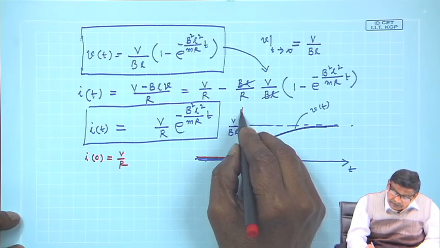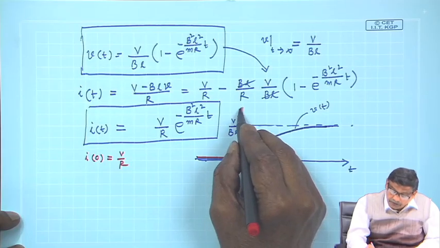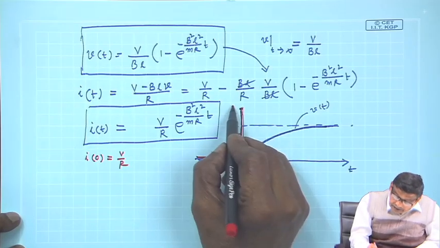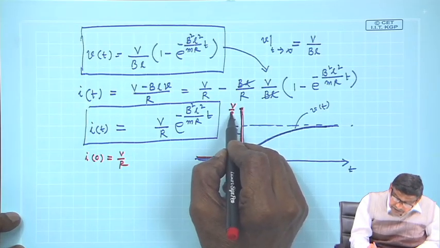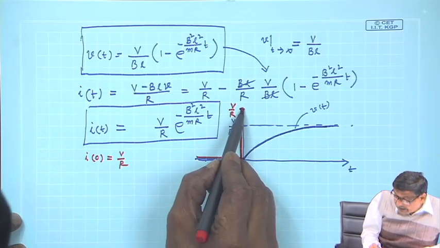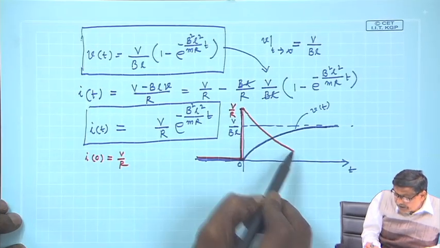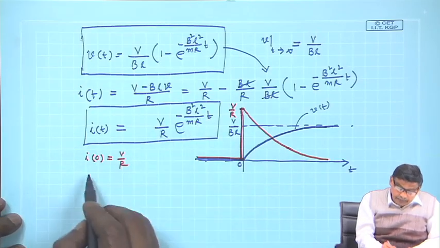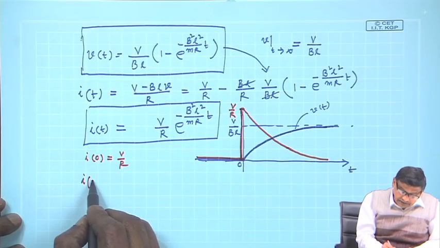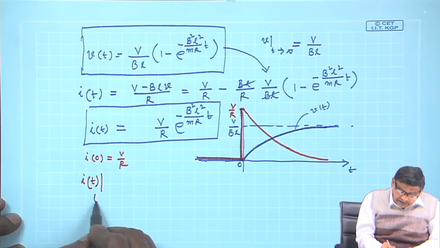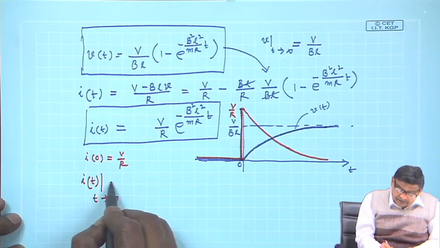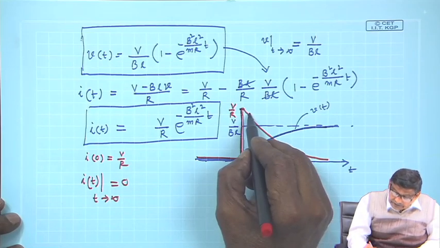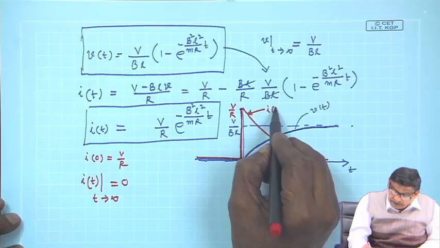Step jump is a possibility, no problem in a resistive circuit, and this amplitude is V by R, and then it will exponentially decay down to 0, because as t approaches infinity, i(t) is 0. So, this is the expression of the current.